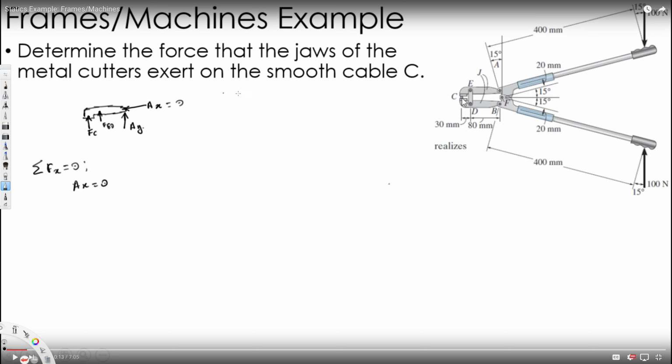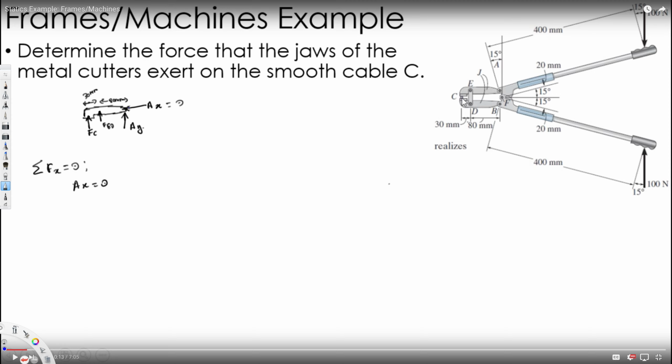Let's put the distance first. This is 30 millimeter from here, 30 millimeter, and this is going to be 80 millimeter. So first of all, we have three unknowns here, so it's really hard to find one of these, right?